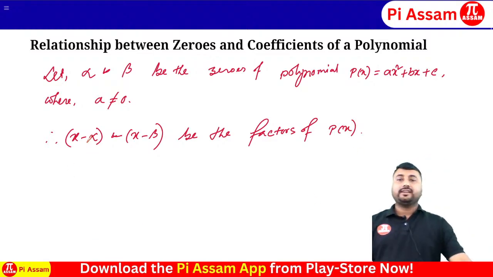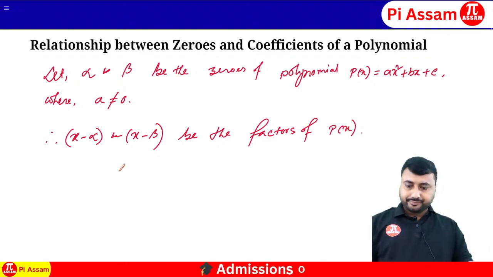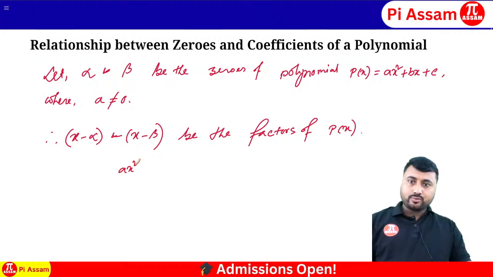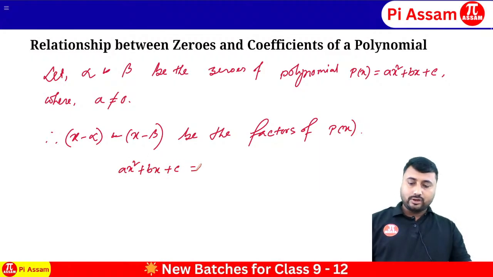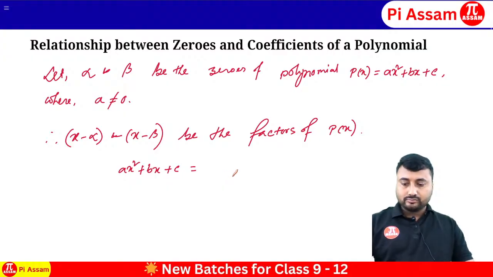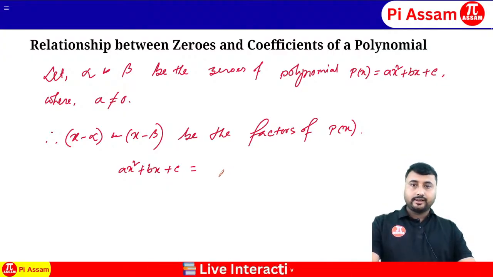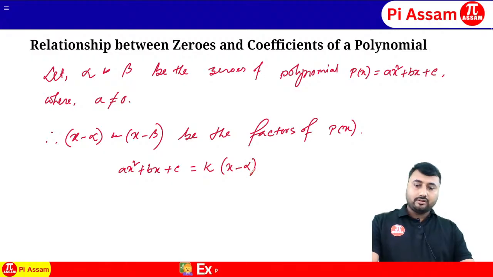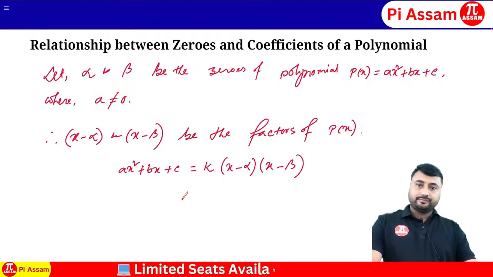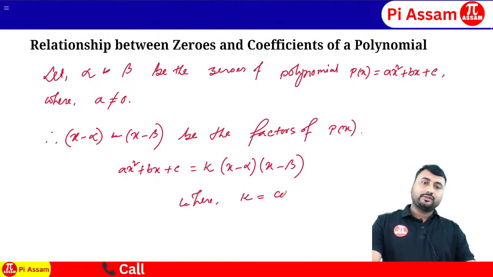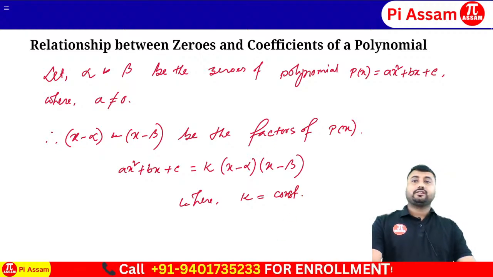So we can write it like that: ax squared plus bx plus c is equal to k into (x minus alpha) into (x minus beta), where k is a constant.